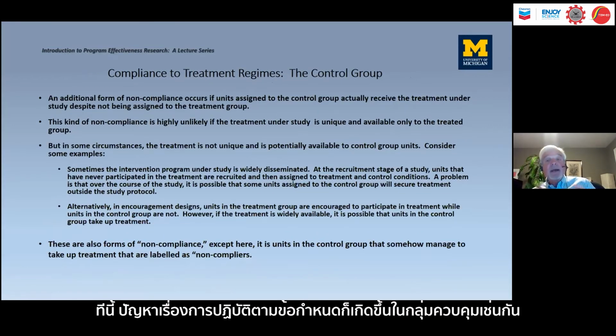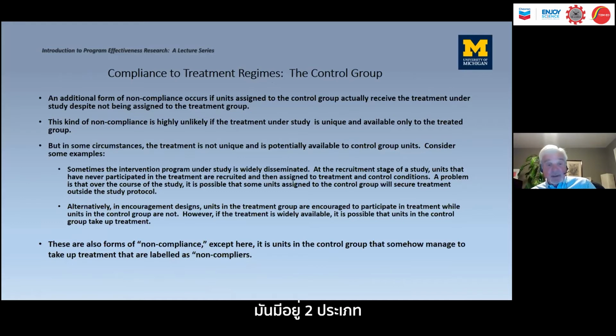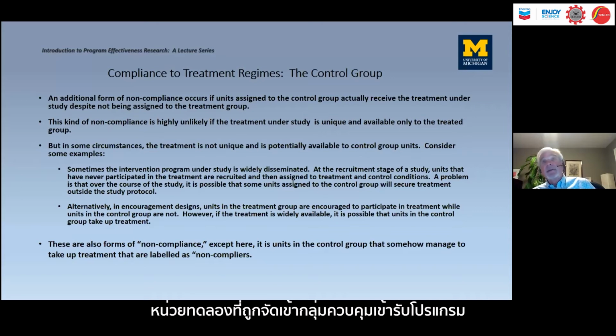Now, compliance problems also occur in the control group. And so let me just talk a little bit about how that occurs. There are two kinds. If you go into research studies, you might find that a treatment gets adopted by units that have been assigned to the control group.